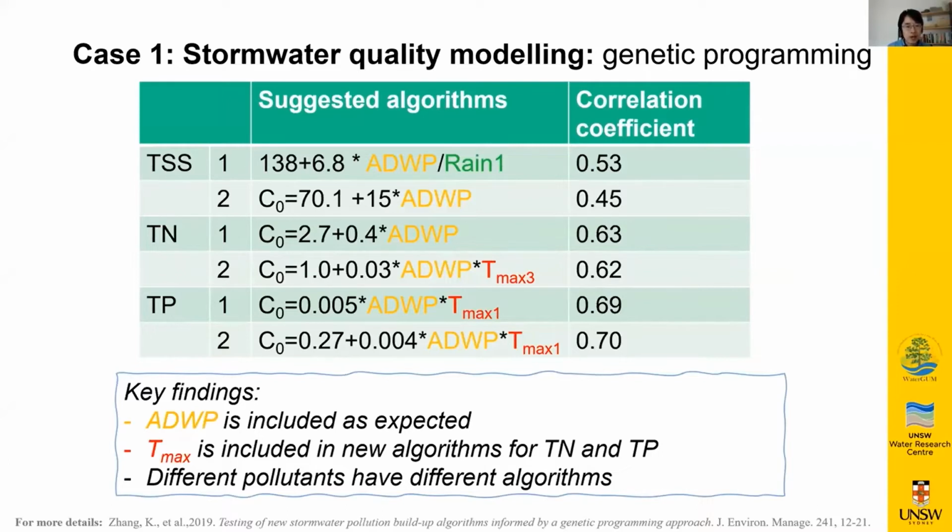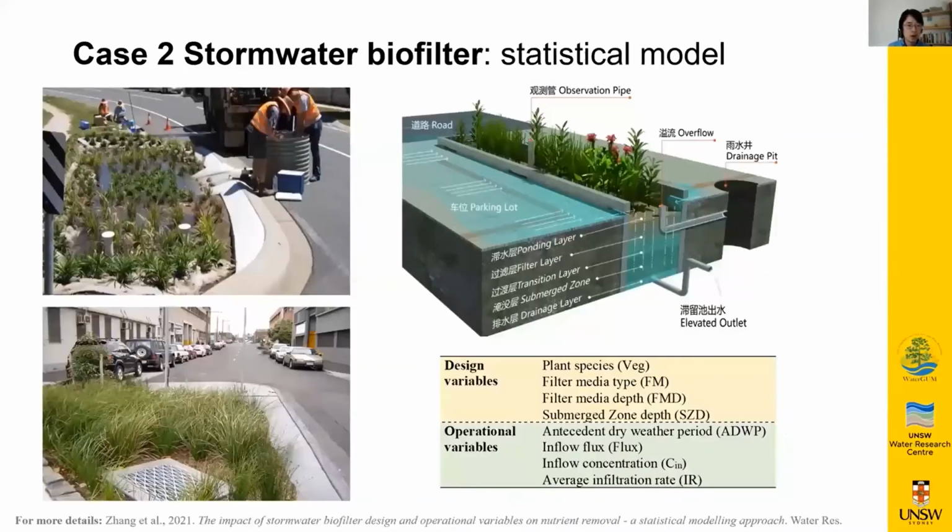We also found that for different pollutants you should use different algorithms, as previously we only used typical algorithms applicable to all different pollutants. So this is a very simple case that demonstrates how we can use data-driven approaches to further improve the performance of models of complicated natural processes. So this is case one.